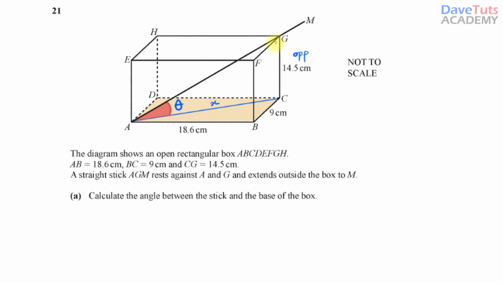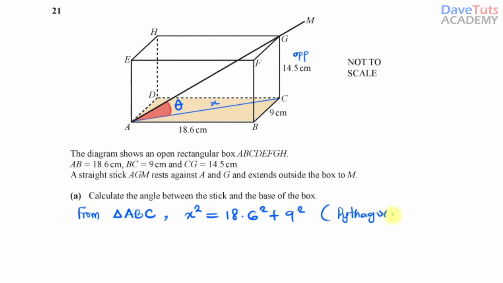Then we can use the trigonometry identity to find the value of theta. From triangle ABC, Pythagoras theorem comes into play because x here is the hypotenuse of that triangle. So we can say x squared is equal to 18.6 squared plus 9 squared as a result of Pythagoras theorem.